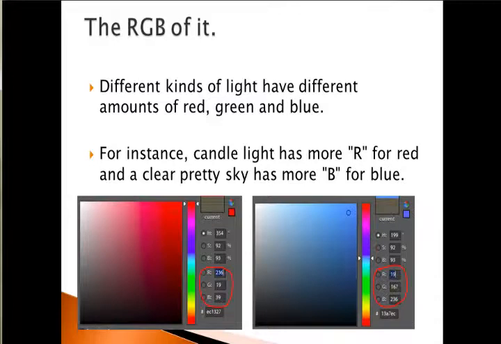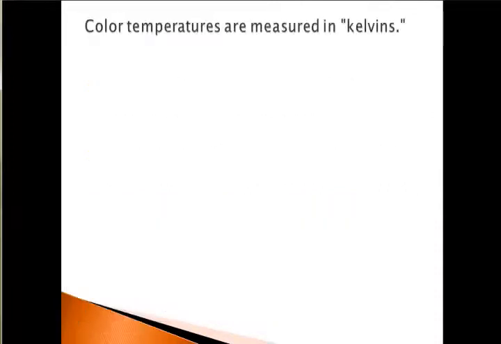The blue has 236 next to the B, so it has much more of the B color in it. So different kinds of light have different kinds of RGB. Some may have more blue, some may have more red, and that, I think, helps you to understand a little bit more about light and color.